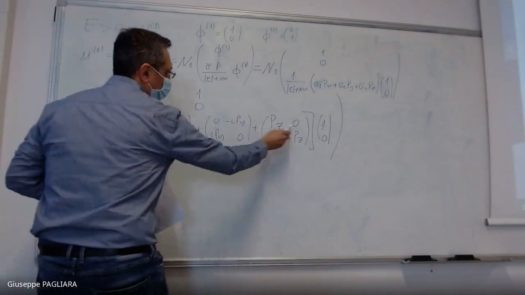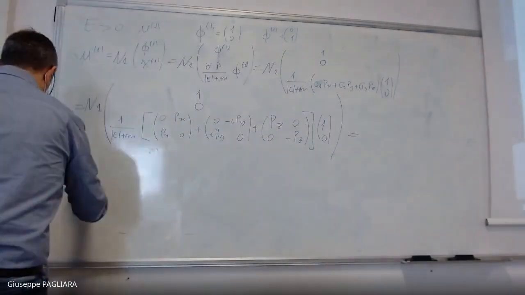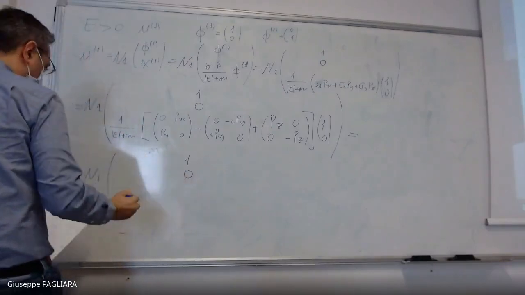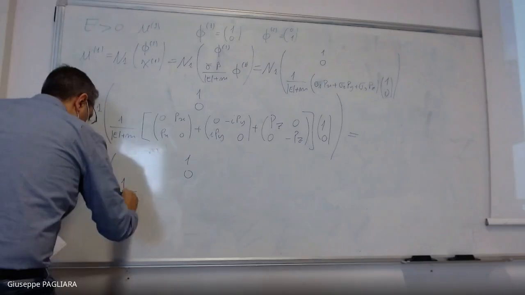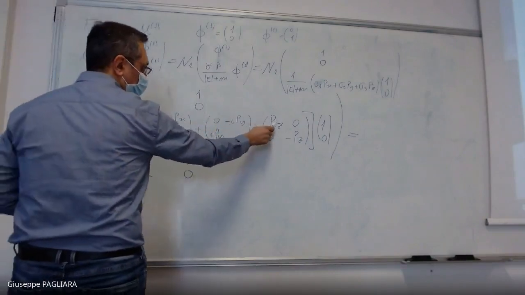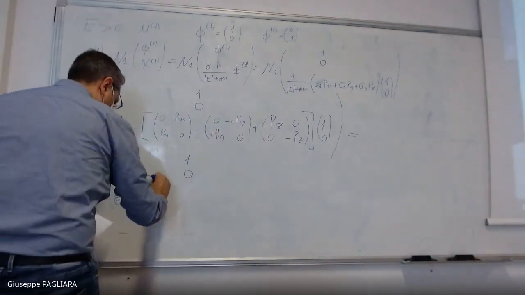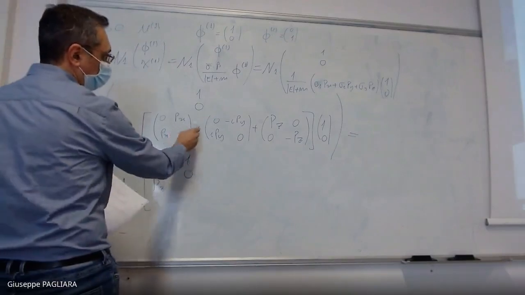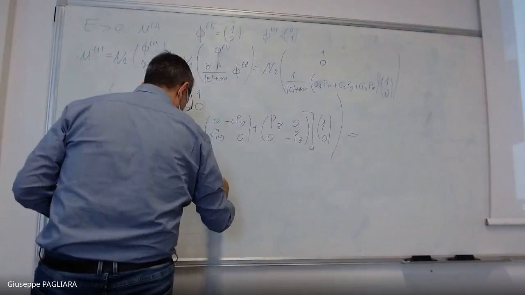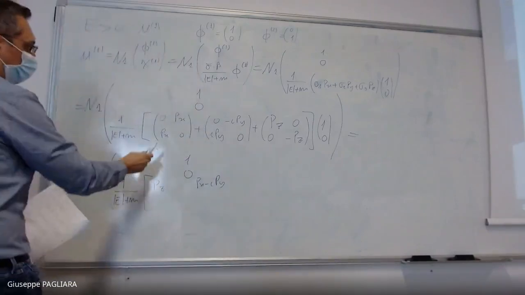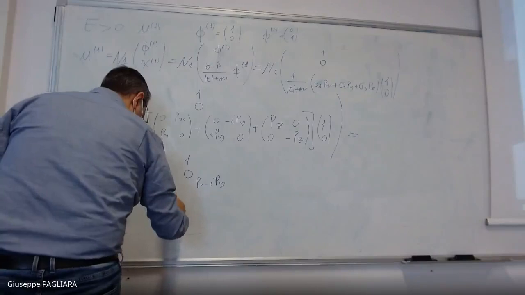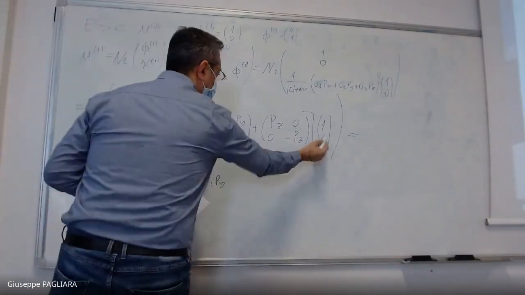Now we make the sum of all these matrices here. So this is N1, then we have (1, 0), 1 over E plus m that multiplies: the first row gives 0 plus pz, so this is just pz, then px minus i py plus 0; the second row gives px plus i py plus 0, and finally minus pz plus 0.